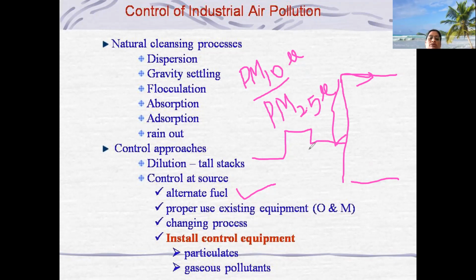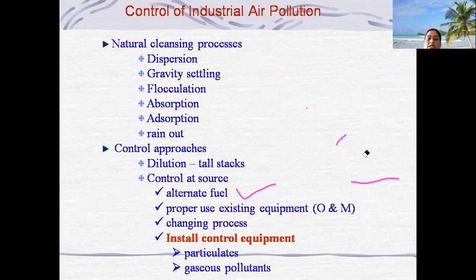So these types of pollutants you can control by using different types of equipment in the industry for the control of air pollution. In detail we will discuss what the different equipments are which can be used for the control of air pollutants.